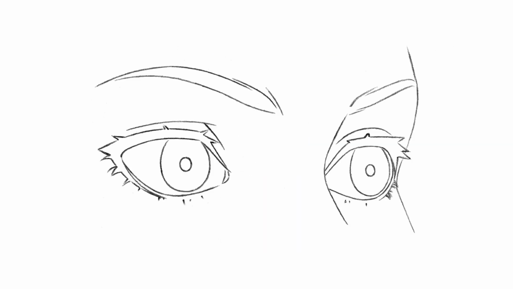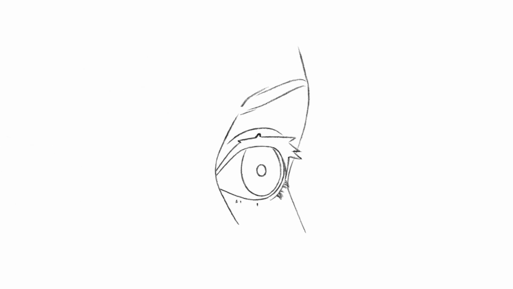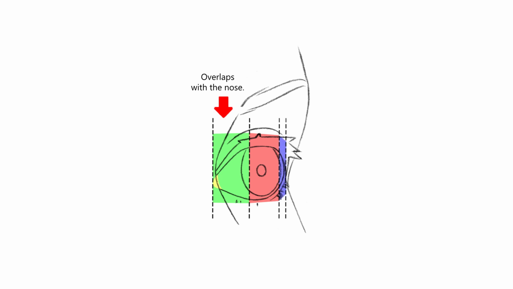Now, for the eye that's away from us, on the other side of the nose, the opposite thing happens. The inner plane with the tear duct is closer to us and looks wider than in the front view. The front plane looks a little smaller, but the outer plane is almost completely out of sight.